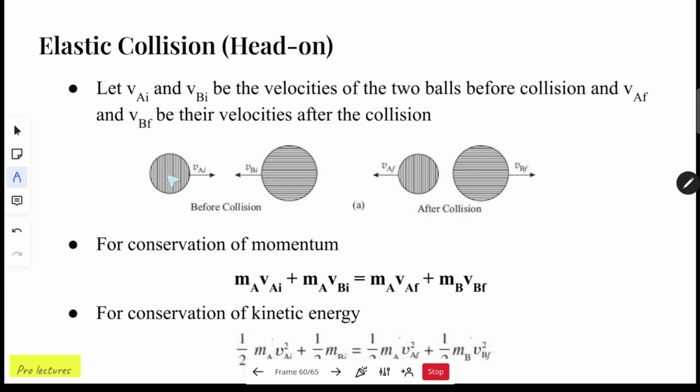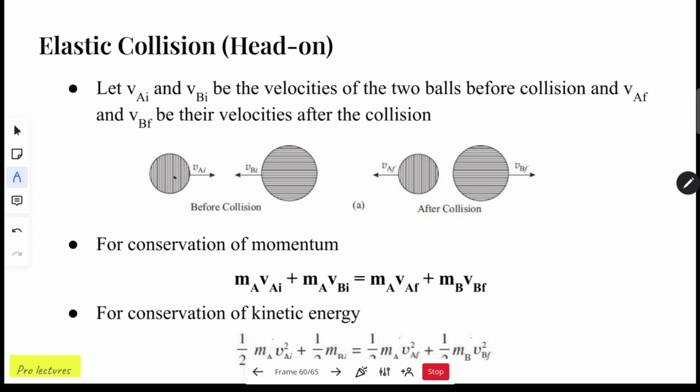Say initially the velocity of the two balls before collision be VAI and VBI, and after collision VAF and VBF. So initial and final are denoted using I and F. Now from momentum conservation, MAVAI plus MBVBI will be equal to MAVAF plus MBVBF.